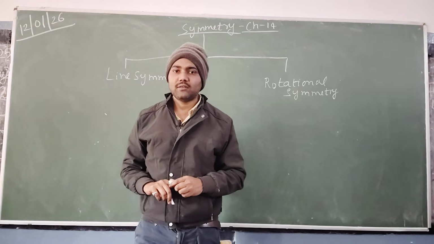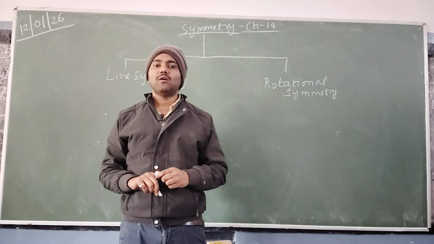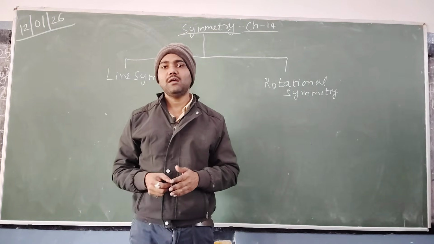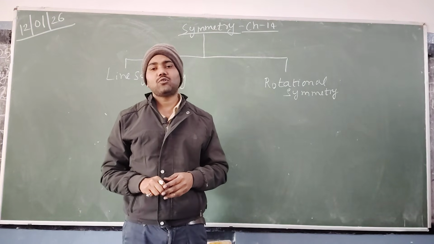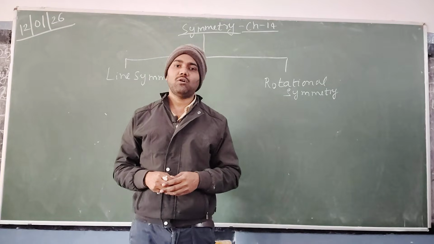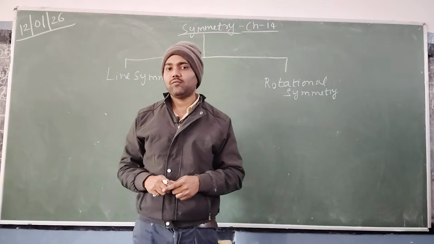What is a symmetrical figure? It means when any figure is cut from one line, then from that line the two figures look coincidentally same, then that figure is symmetrical, and the line is called line of symmetry.